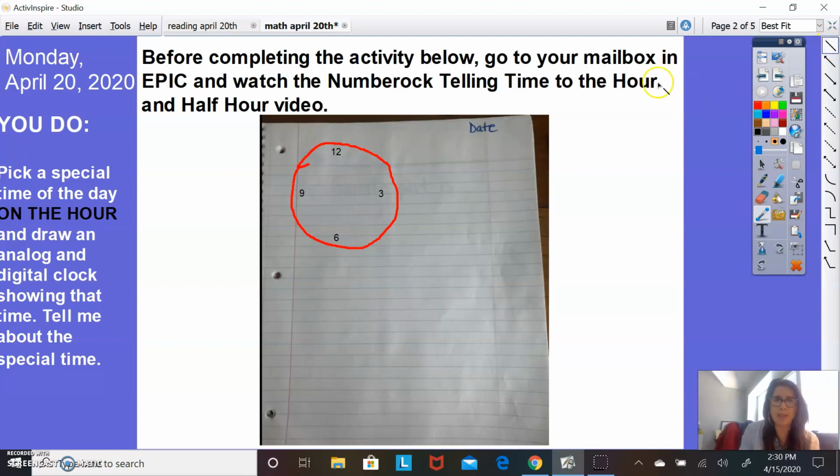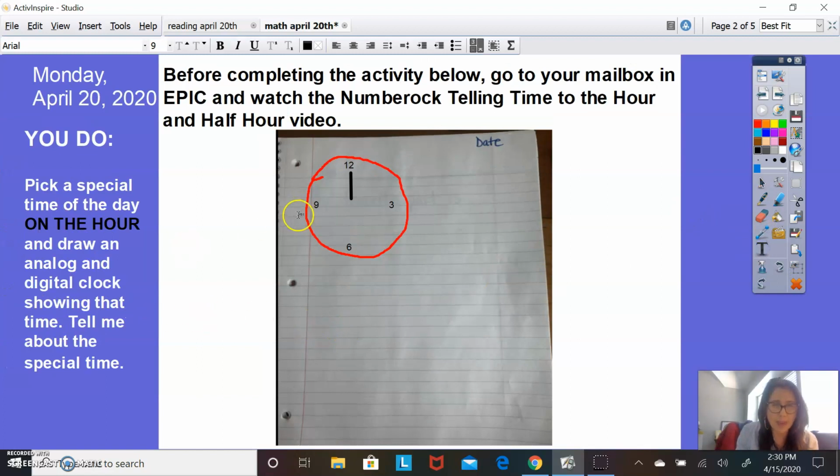So I know that my minute hand is going to be pointing straight up here. And I want to show 8 o'clock. I haven't filled this in with 8, but I know my 8 is going to be probably about right here. So I'm going to write in 8. And I'm going to fill in the rest of this. I'm not doing it right now.